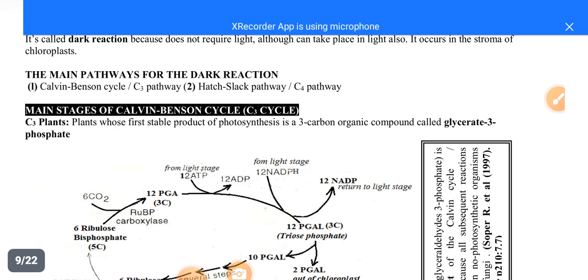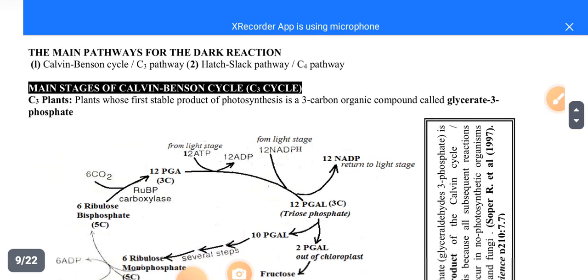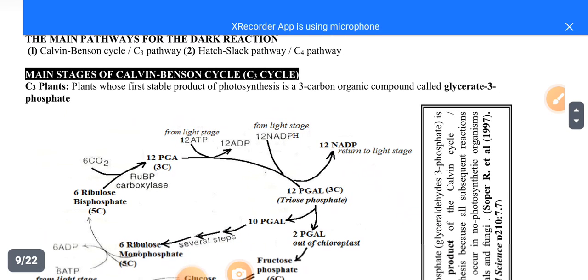One is the Calvin-Benson cycle, or the 3 carbon pathway. Then 2 is the Hatch-Slack pathway or the C4 pathway. So we shall look at this. Let us begin with the main stage of the Calvin-Benson cycle or the 3 carbon cycle.